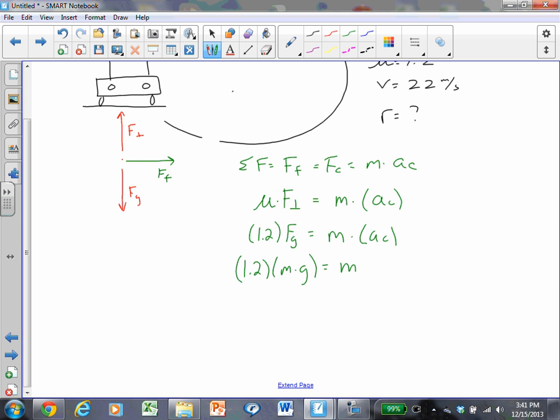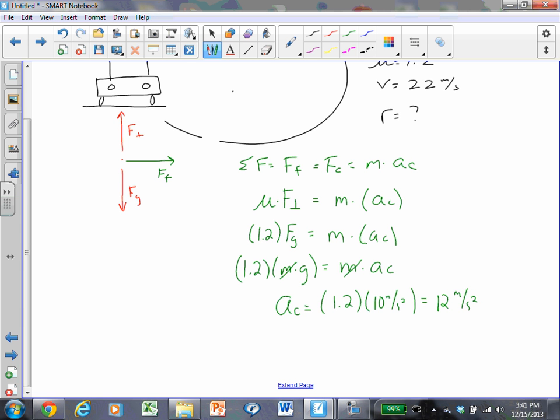You can see that the masses cancel out. So the centripetal acceleration is 1.2 times 10 meters per second squared, or 12 meters per second squared.